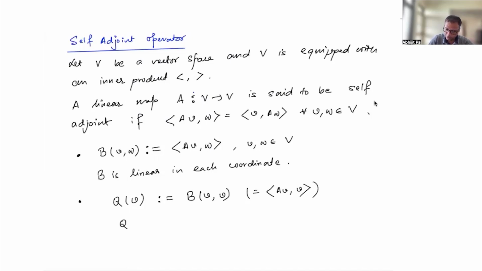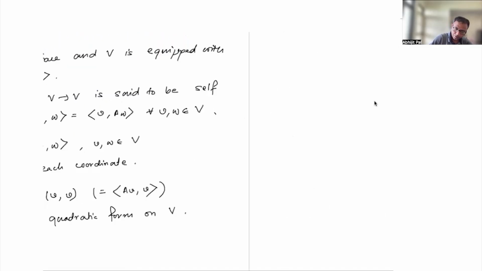So Q is called a quadratic form on the vector space V.